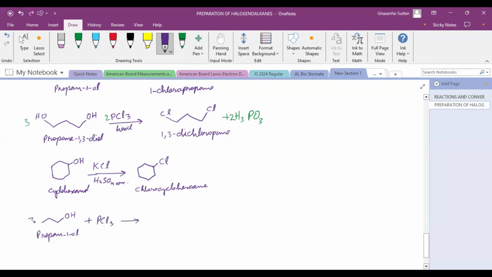It requires 3 moles of alcohol, and as a result, it produces 3 moles of the respective alkyl halide and 1 mole of H3PO3, phosphorus acid. The name of this compound is phosphorus acid. And this is 1-chloropropane.